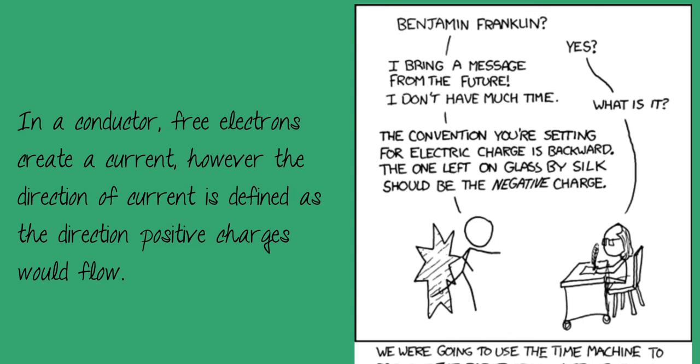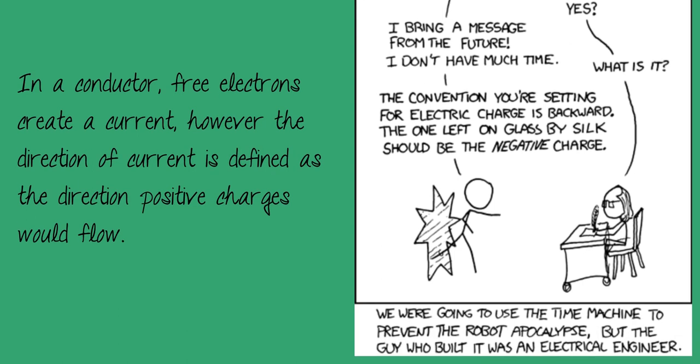He said that the one that was left on glass by silk was positive, while we have now learned that really that was a charge exchange of electrons, and so we should say that it's negative. All thanks to the fact that Ben Franklin chose the wrong sign is the reason that we now say that positive charge is flowing for current, despite the fact that really it's the electrons that are moving.